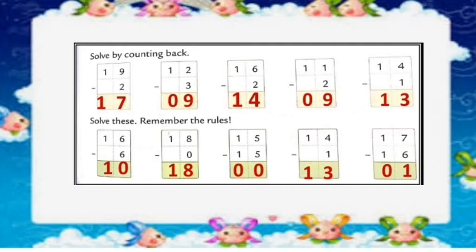You reach number 17. Write down the answer below the question. 19 minus 2, we get 17.